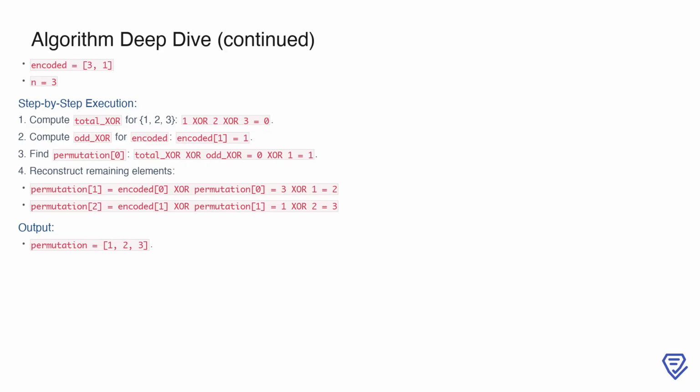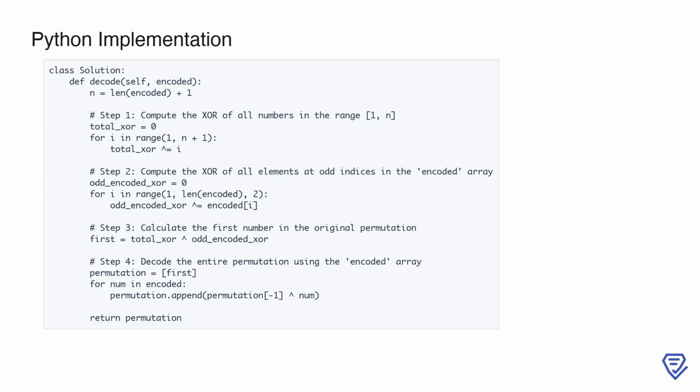Thus, the reconstructed permutation array is [1, 2, 3]. This example demonstrates the step-by-step execution of the algorithm and highlights how each part of the computation leads to the final result. To solve LeetCode problem number 1734, Decode XORed Permutation, we need to reconstruct the original permutation array from the given encoded array using XOR properties.